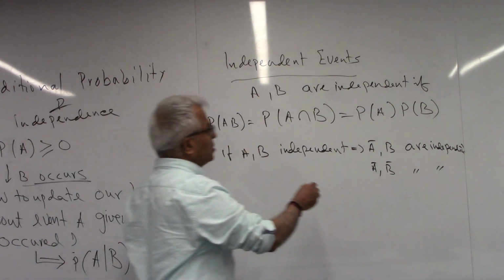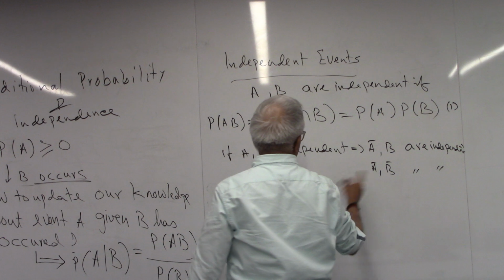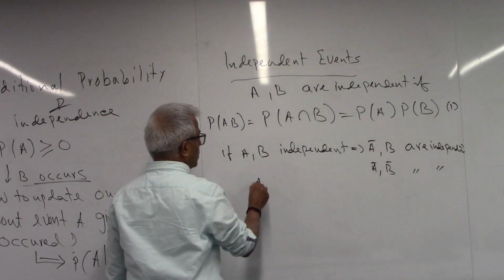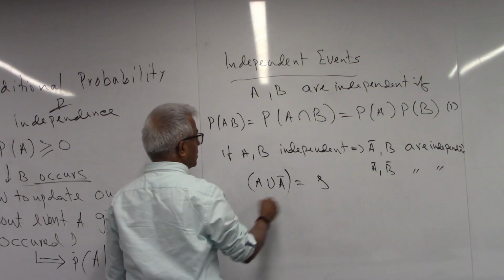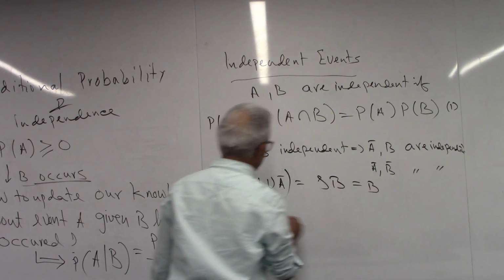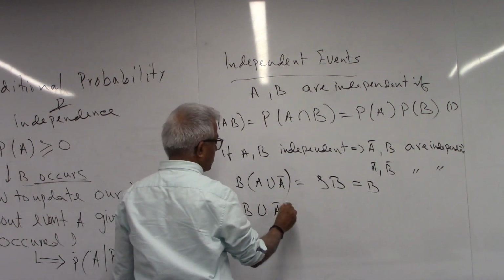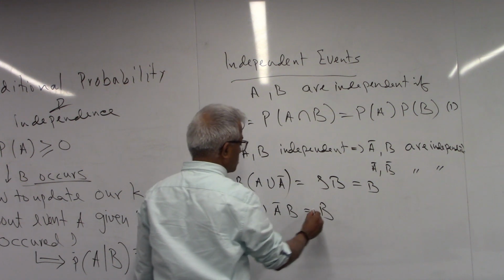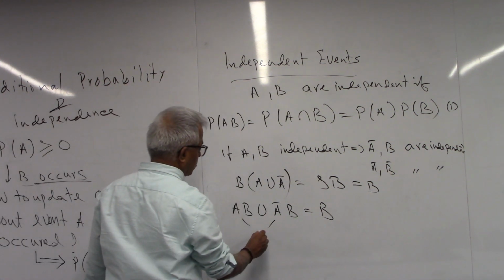So we start with this. The whole point is we know this is true. So I want to show for A bar. Remember, A union A bar is the whole set. So if I take the intersection with B, these are mutually exclusive.